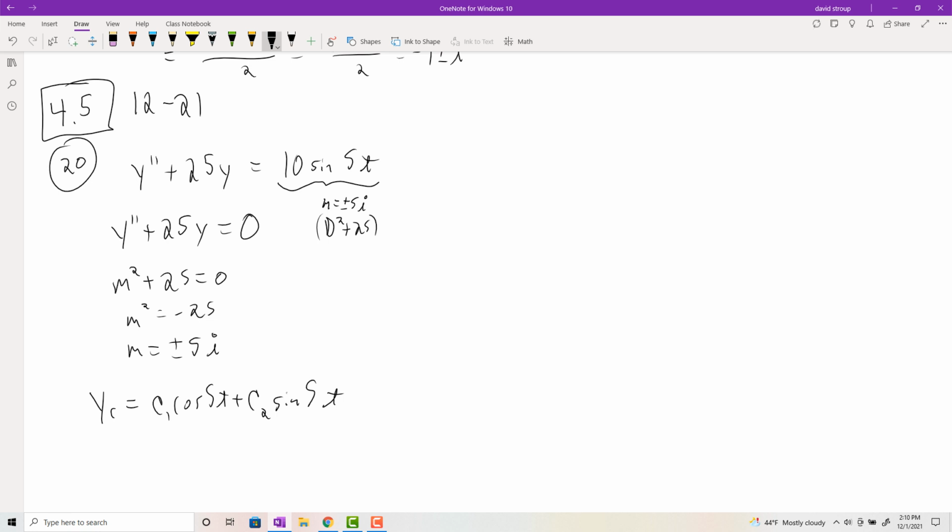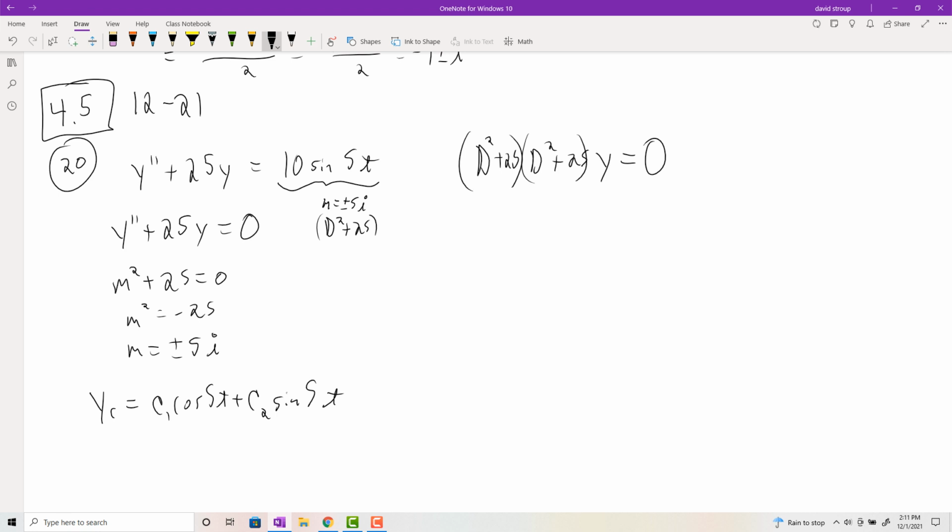So originally it's D squared plus 25 applied to y equals 10 sine 5t, but then when you tack on another differential operator, D squared plus 25, that will effectively make the right-hand side 0. Which is what you want, because we know how to deal with these homogeneous differential equations.